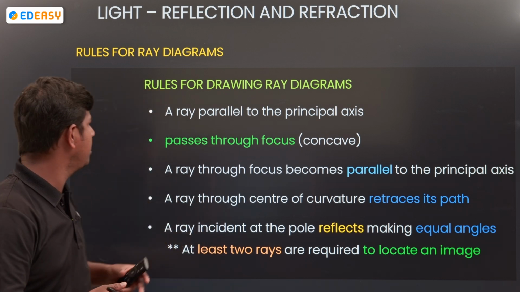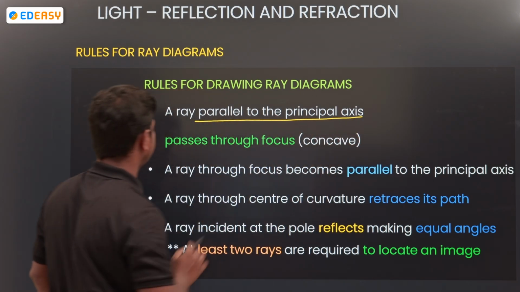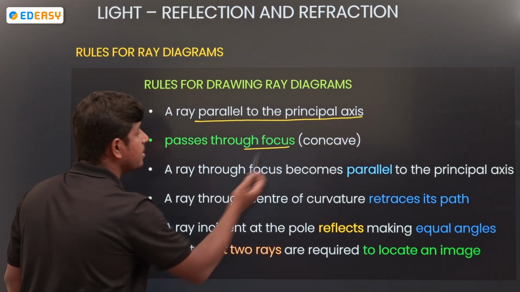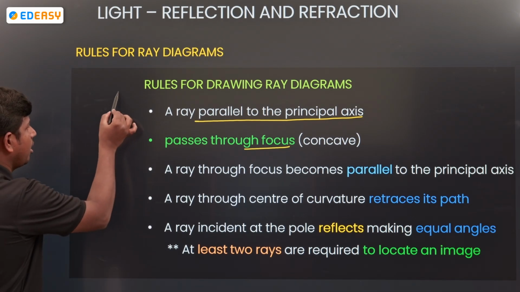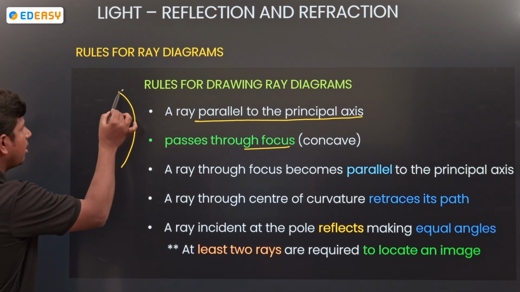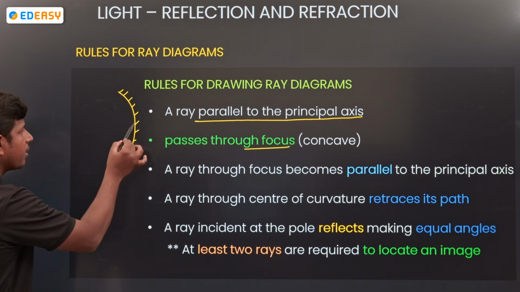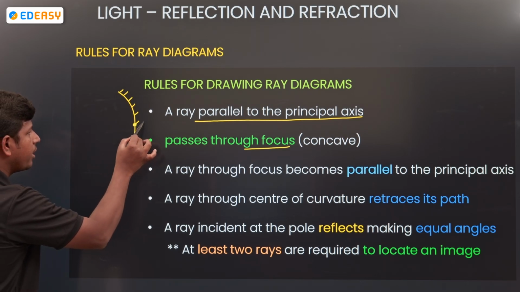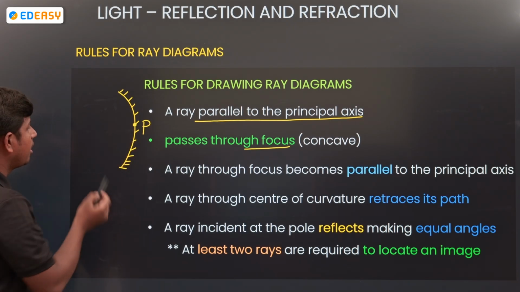The first one is a ray parallel to the principal axis passing through the focus. I am taking a concave mirror, where this is the pole, exactly the center on the mirror.